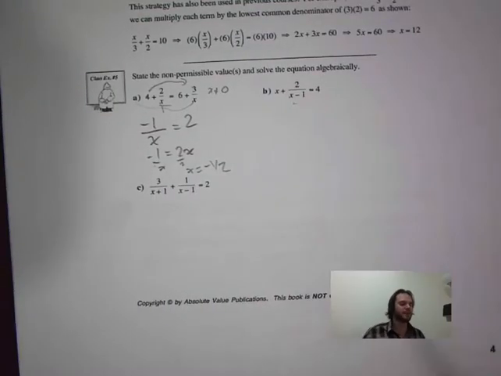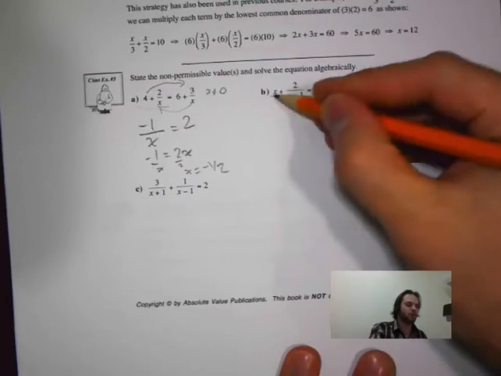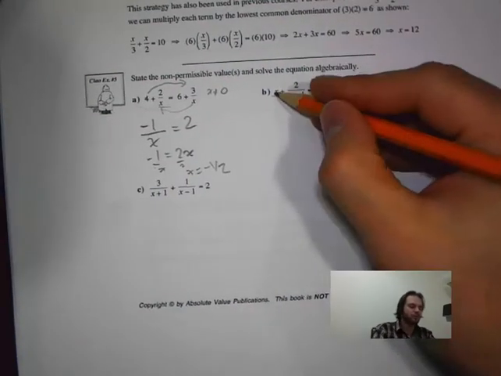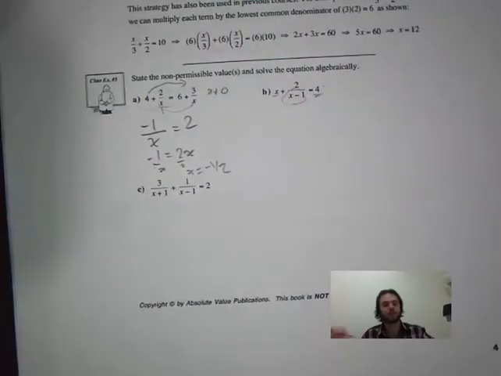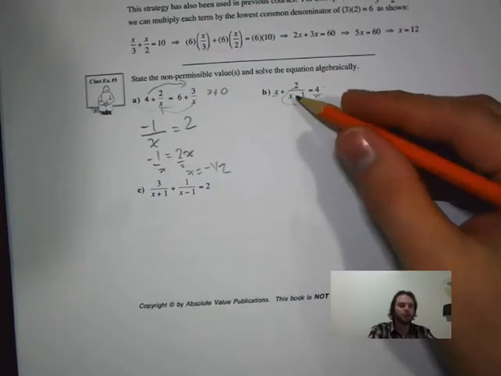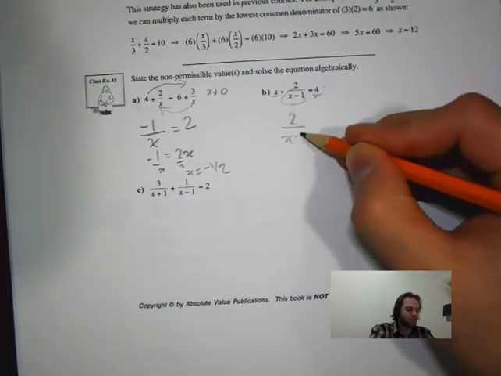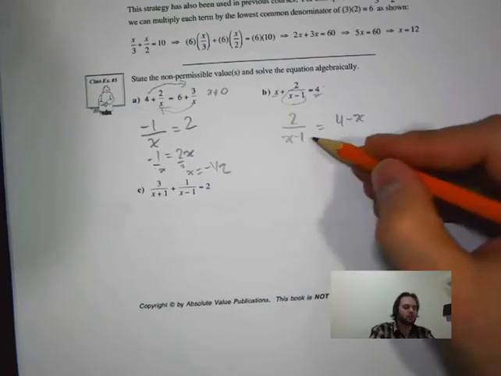Let's take a look at the second one. Here we have 3 things, but only 2 with different denominators. So I'm going to move this to that side, so I have everything with one denominator on one side and the other denominator on the other side. I end up getting 2 over x minus 1 is equal to 4 minus x. Now I'm going to cross multiply.